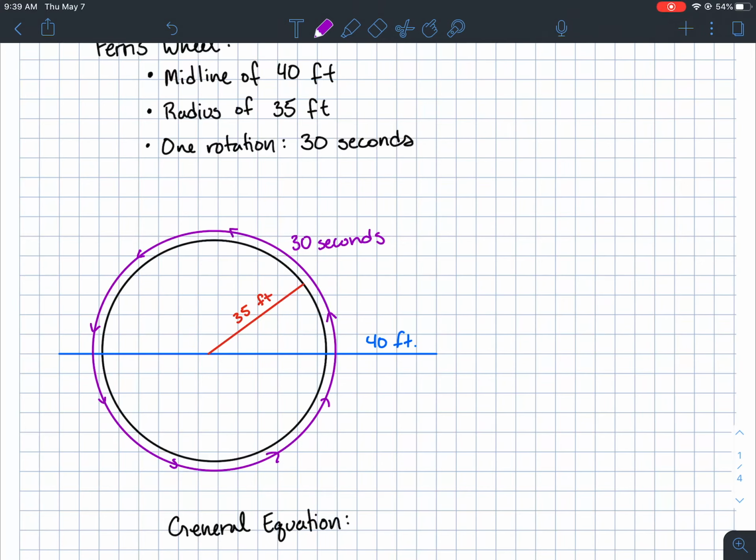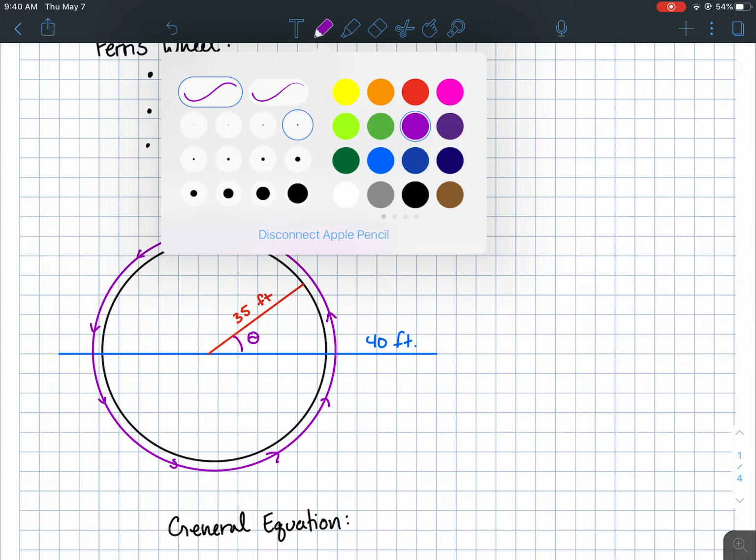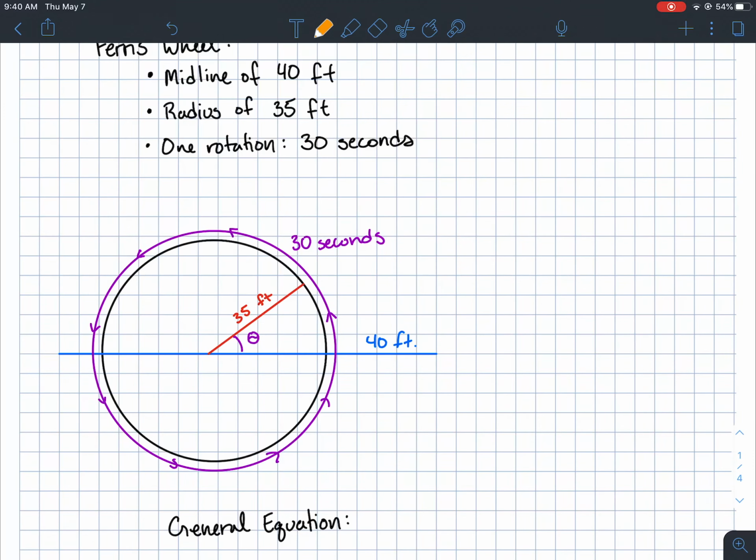So, if we wanted to figure out how high we are on this circle, we need a few pieces of information. One of them is we need to know our angle. If we know our angle and we know our radius, we can figure out how high up we are.